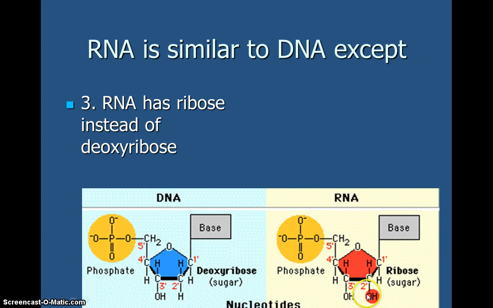The main difference is highlighted right here, because this is an alcohol group and this one's just a hydrogen group off the second carbon. How I know it's the second carbon is because it's labeled, and this is all chemistry stuff. So RNA is ribose, so just remember R, and DNA is deoxyribose, and it's D and D.